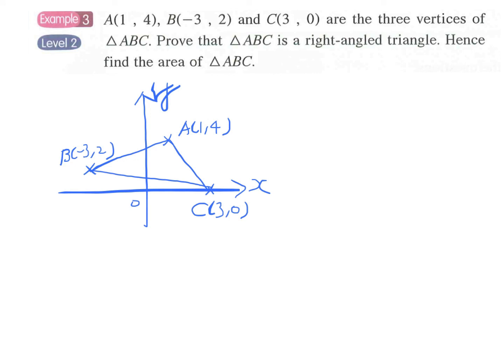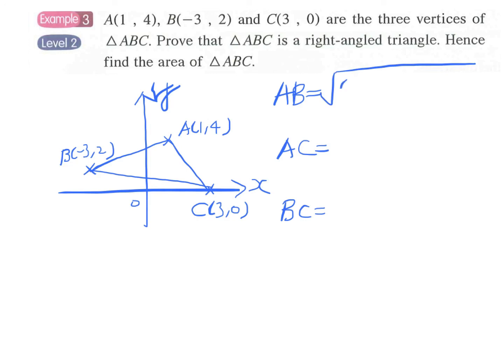We have to first find the length of all the sides of triangle ABC, and then we add up the squares of the 2 smaller sides and see whether the sum is equal to the square of the longer side. So we have to find AB, AC, and finally BC.